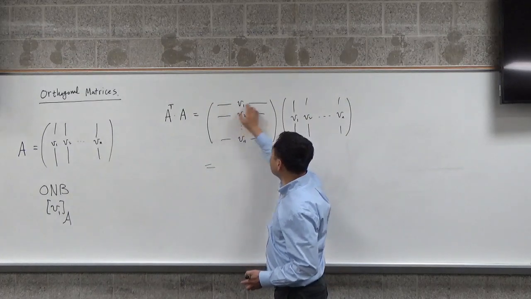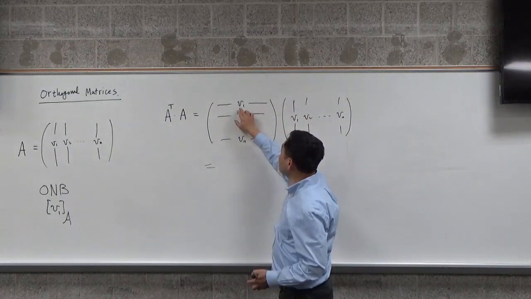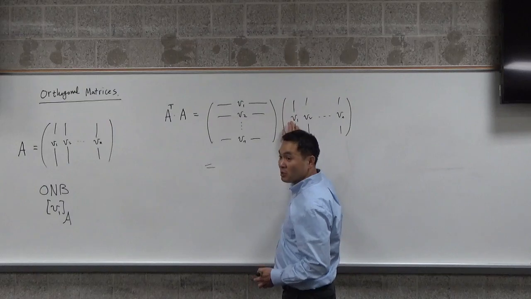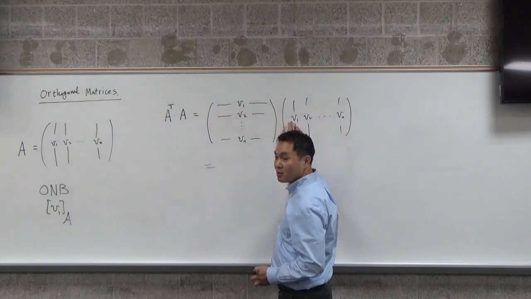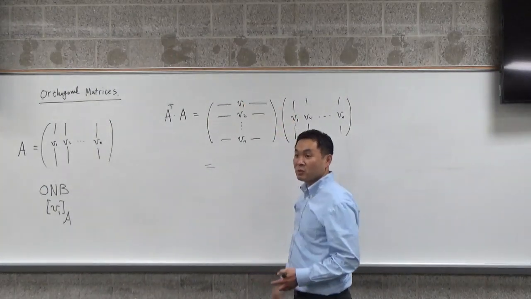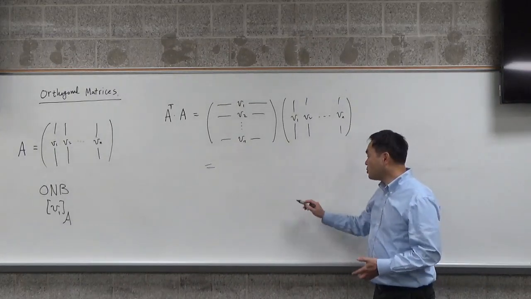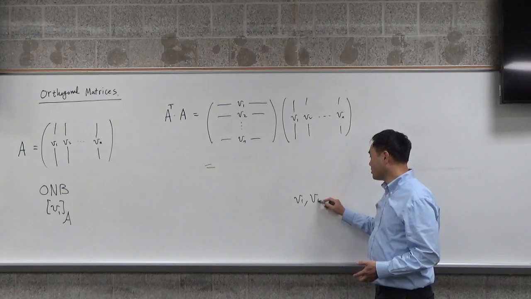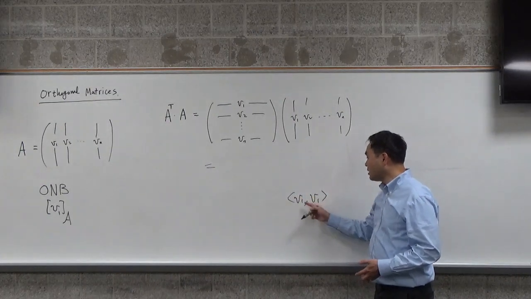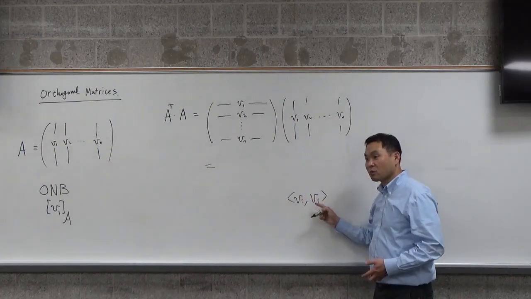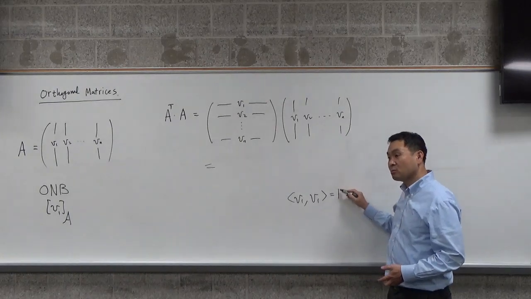When I do this times this, we're really doing V1 dotted with V1, or V1 inner product with V1. Now, what is the inner product of any vector with itself? It's the magnitude squared.